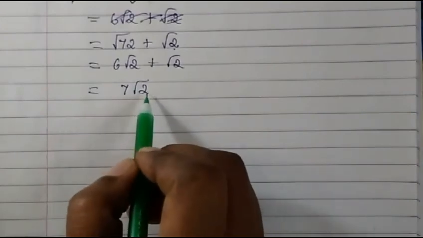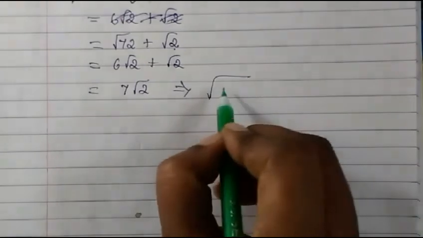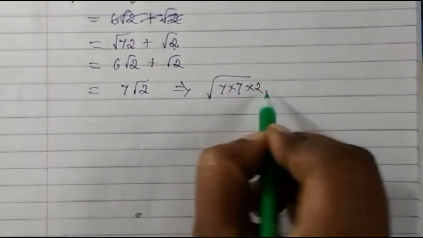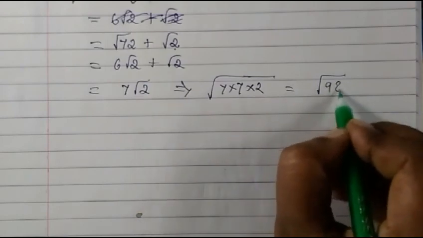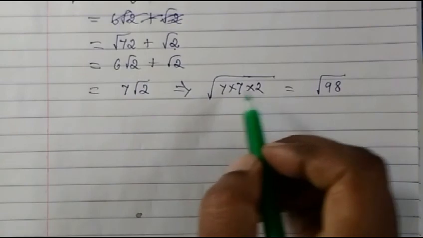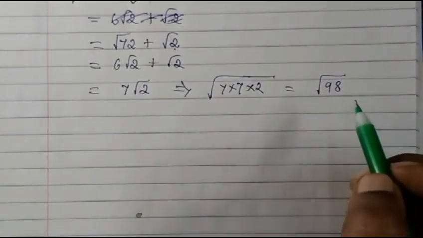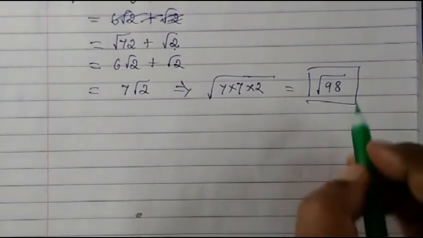So then 7 times root 2. Now when 7 comes inside, it will become 2 times 7 into 2. So when you calculate, you will get 98, because 7 sevens are 49, and 49 into 2 will give us 98. So this is the third term found out.